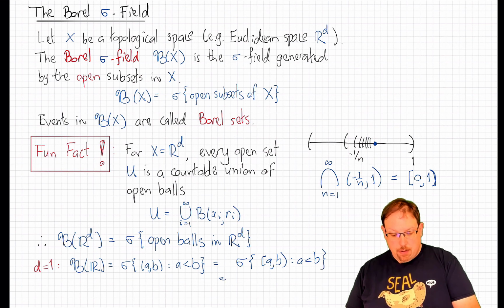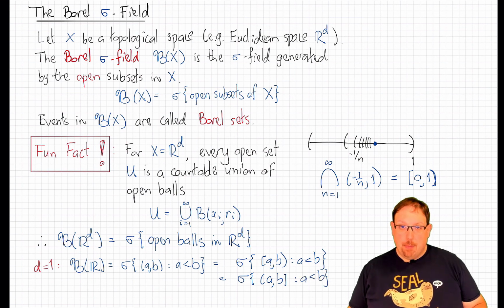They're also the sigma field generated by the set of all half-open intervals, like this. And you can concoct a bunch of other crazy examples if you like. These Borel sets, this sigma field, will play the most important role as we go forward to developing probability theory on a rigorous measure theoretic footing.